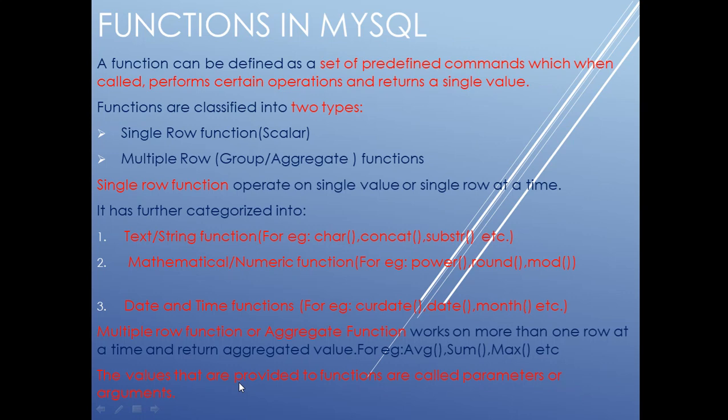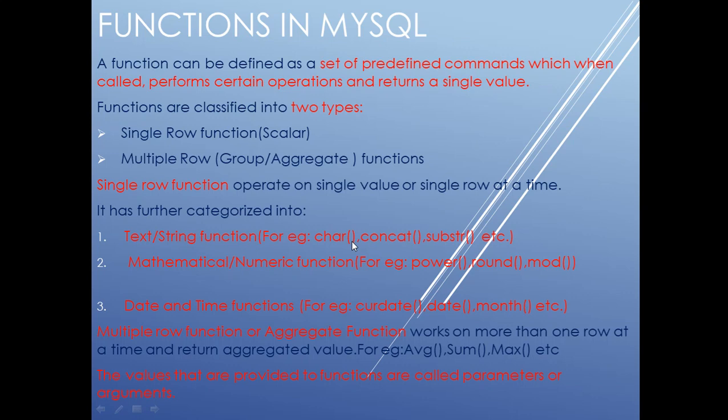So when we use a function like the char function, it is written with brackets, because as I have already told you, every function, whether it is a MySQL or Python function, is denoted by small brackets. Whatever value you provide inside these small brackets is known as the parameters or arguments, just as you have used the print function in Python, where you write inside the brackets whatever you want to display, as an argument for the print function.